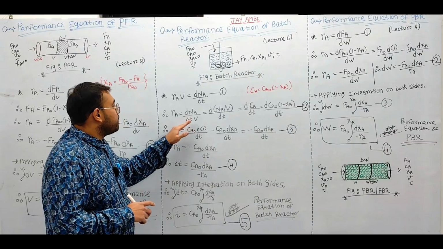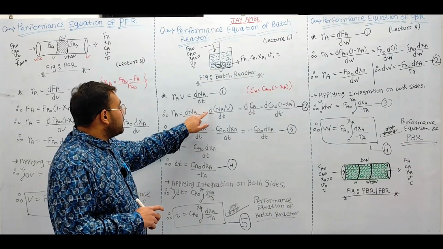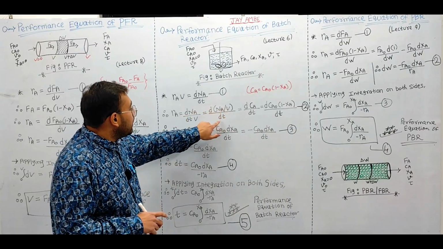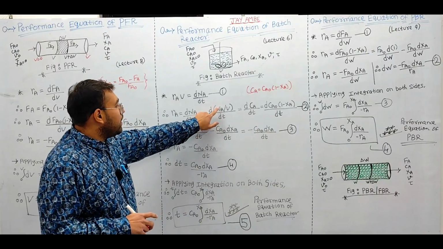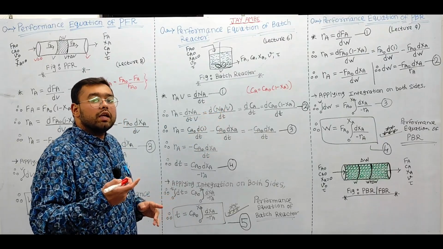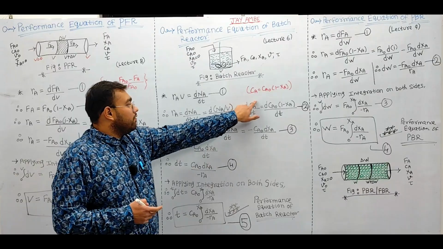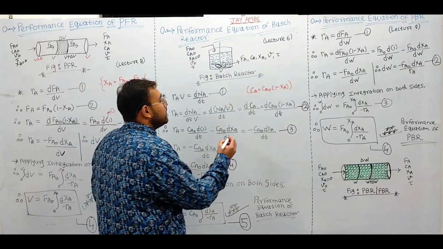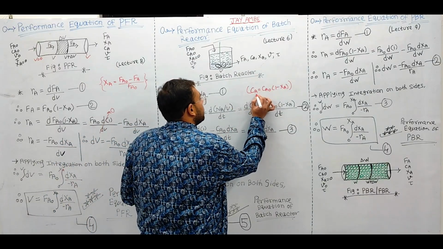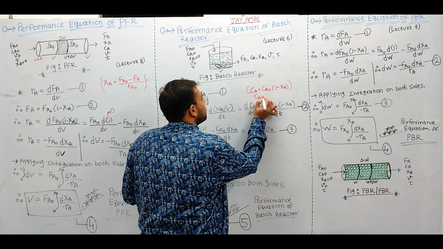Okay, further we can simplify here as differentiation of Na by V dt, right? So here Na by V will become Ca, because Ca is the concentration, right?